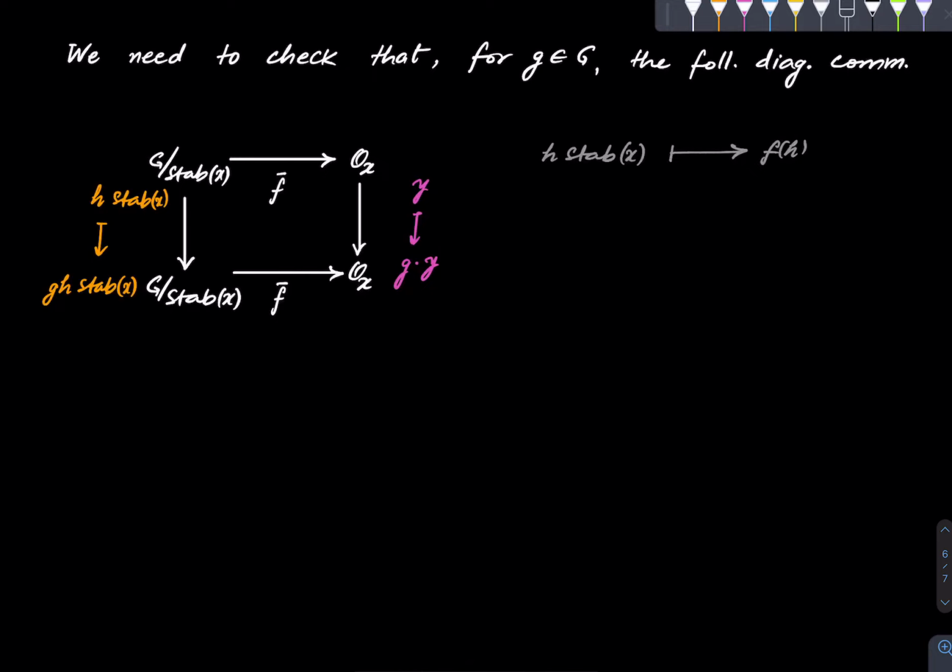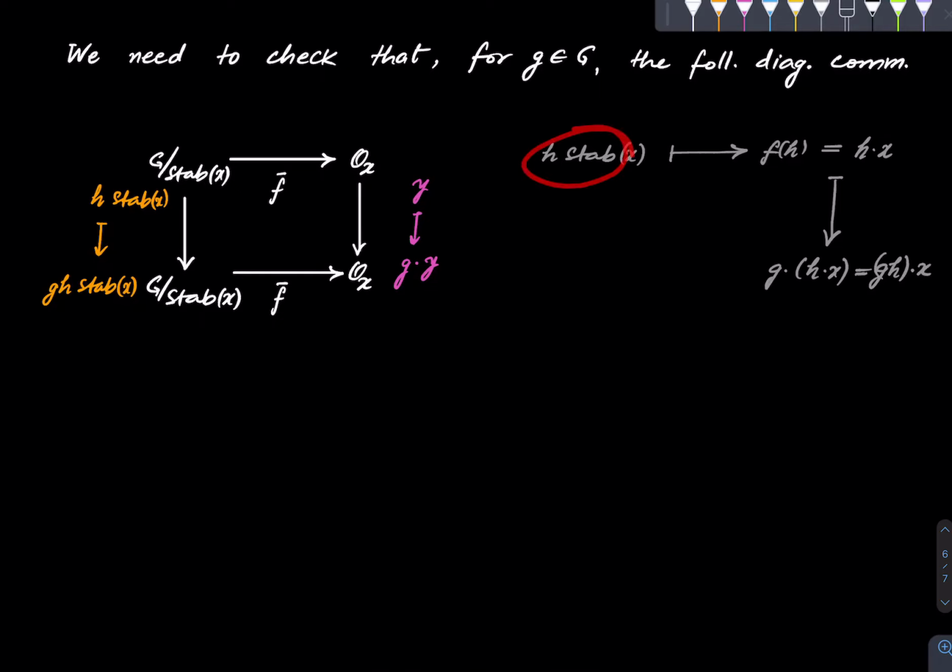And what is f of h? f of h is h dot x. What does h dot x become under this pink map? It just simply becomes g dot h dot x, which is gh dot x.